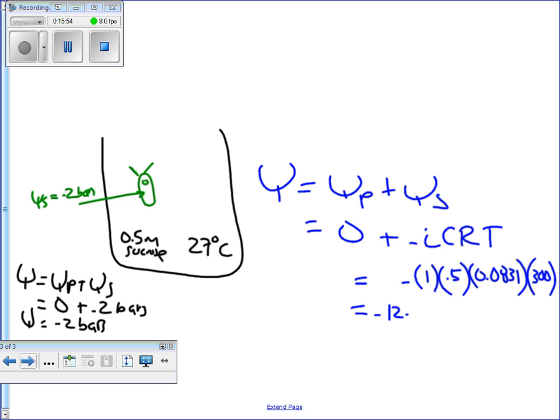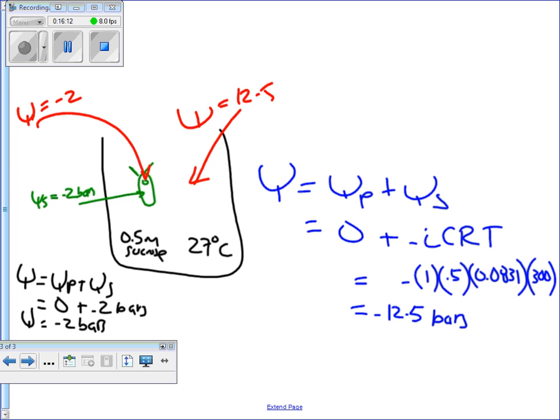Negative 12.5 bars, approximately. So now I know the water potential inside this cell is negative 2, and the water potential in this environment is negative 12.5.